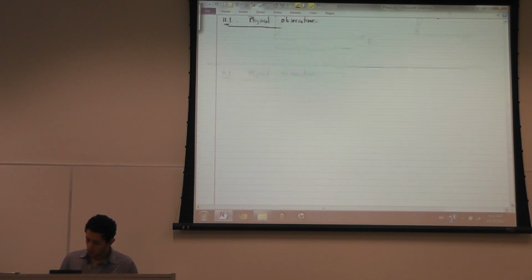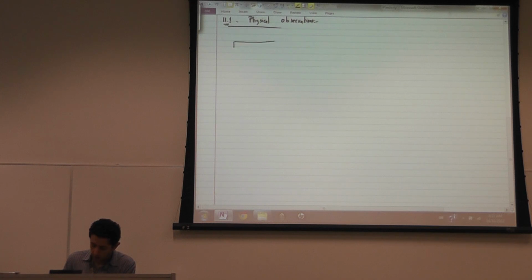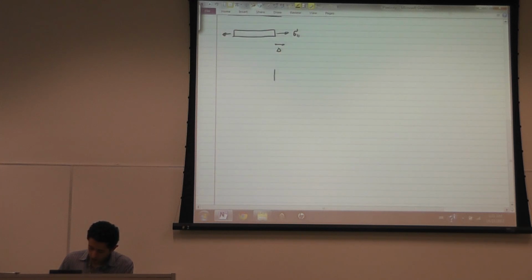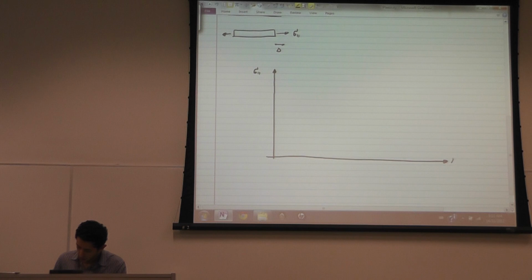So, physical observations: when we get a metal specimen and apply sigma 1 and simply measure delta and plot sigma 1 versus delta over L, which is the small strain epsilon 1, you get the following behavior in general.